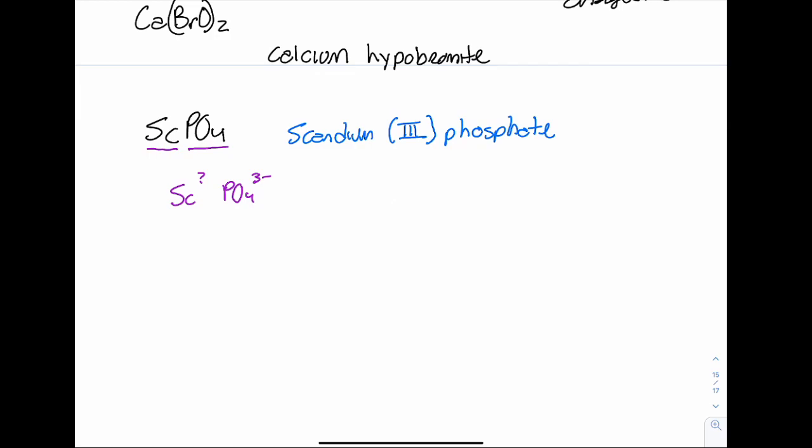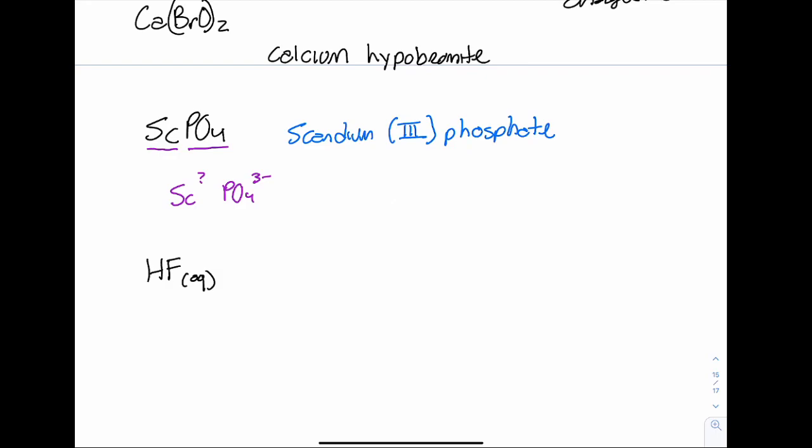How about, let's do HF(aq). So ionic, covalent, or acid? It is covalently bonded, but I do have that (aq) after it, so we're going to name it as an acid.